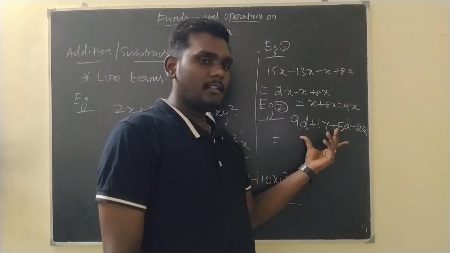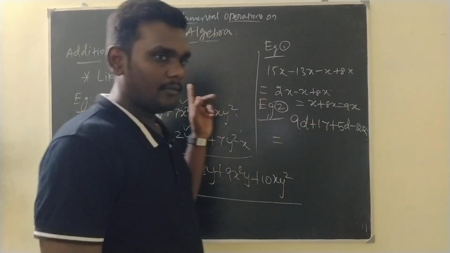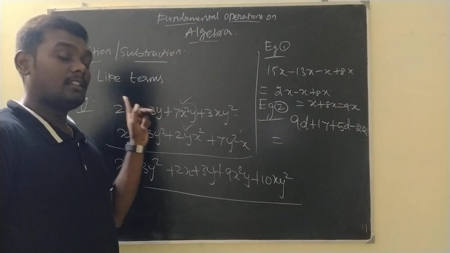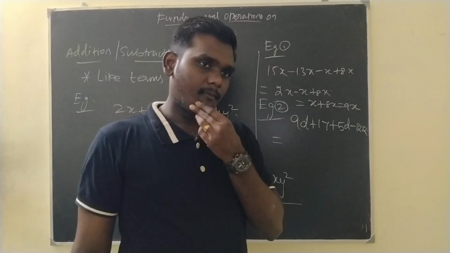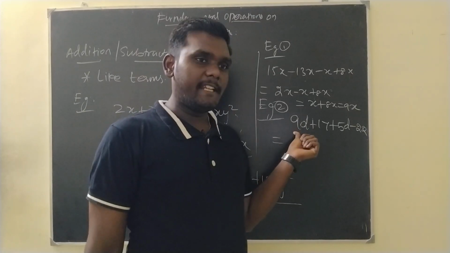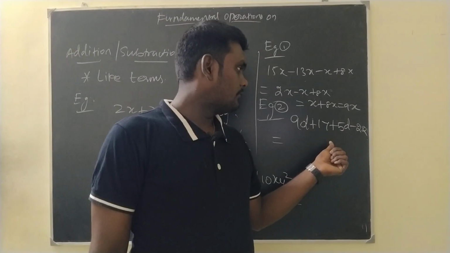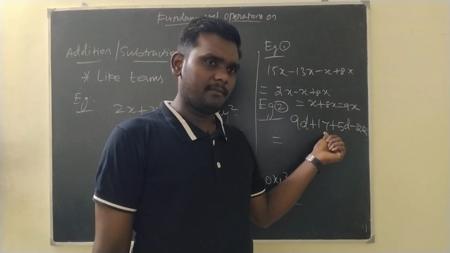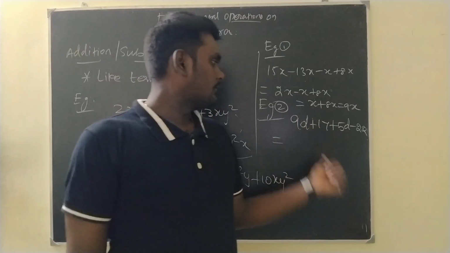Same way here, can everything be added? No. What is the first and foremost condition? The terms should be like terms. Here list out the like terms. Which are all like terms? Which is the like term of 9d? See, 9d, this is not 17d, it's only 17.